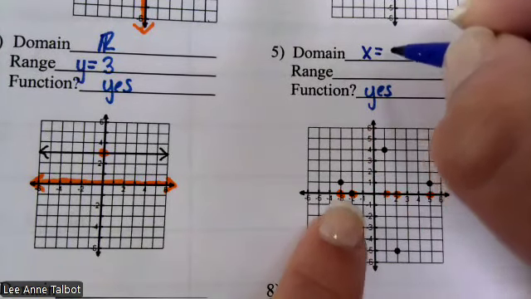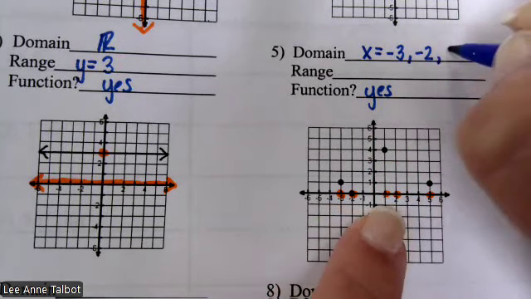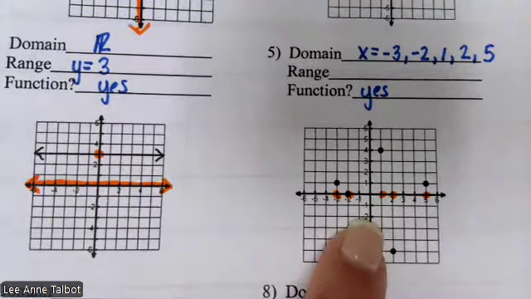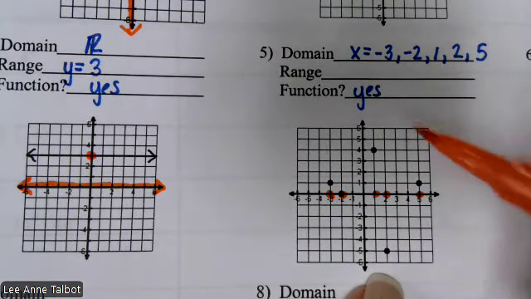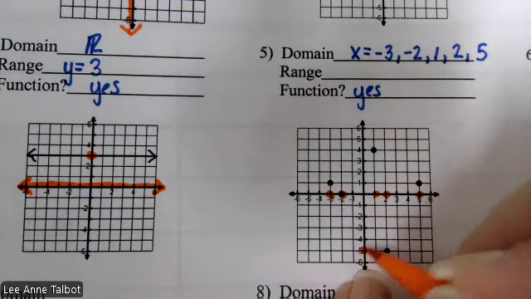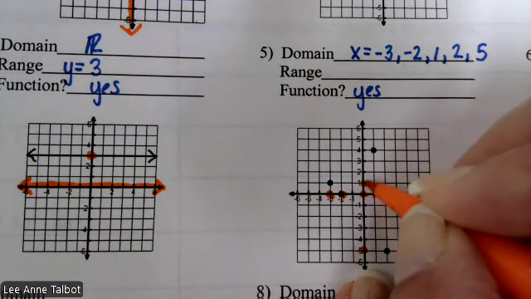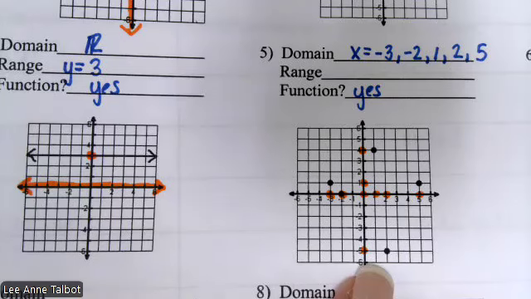So x equals -3, -2, 1, 2, and 5. And then we have a dot here. We have a dot here. We have 2 dots here, but we're only going to list it once. We have a dot here.